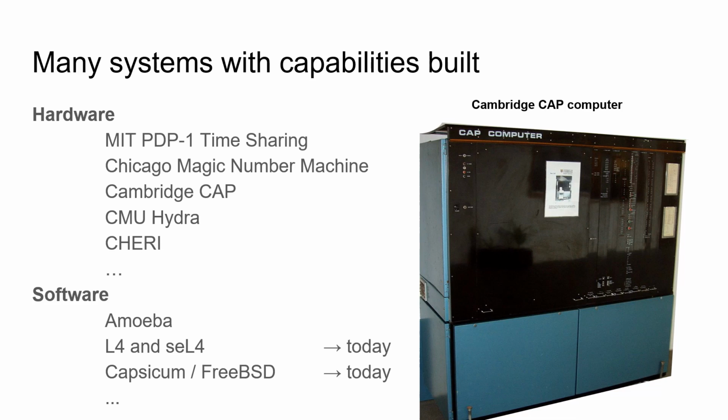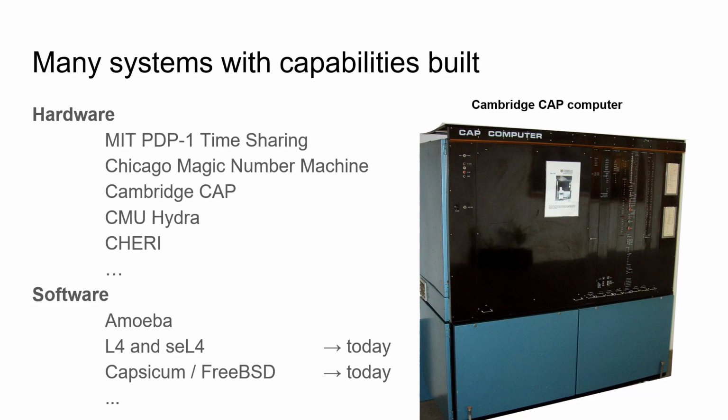Okay, more modern systems that use capabilities are the L4 and secure L4 microkernels, which have full-fledged support for capabilities. So seL4 is the secure L4 system that was built originally by what was called NICTA, which is now called Data61 in Australia, and it's a formally verified microkernel with capability support.